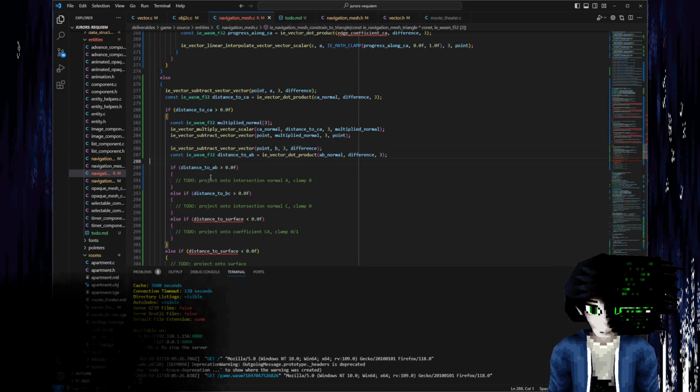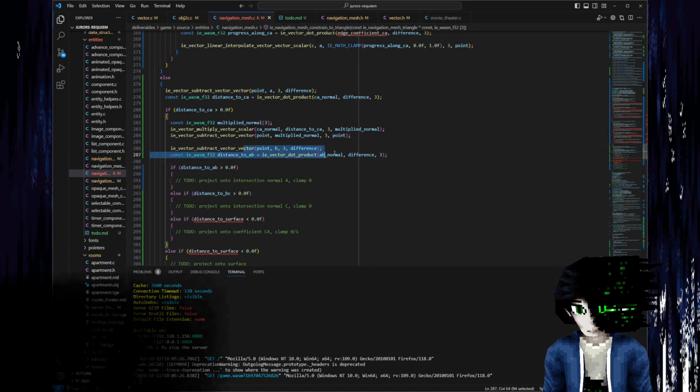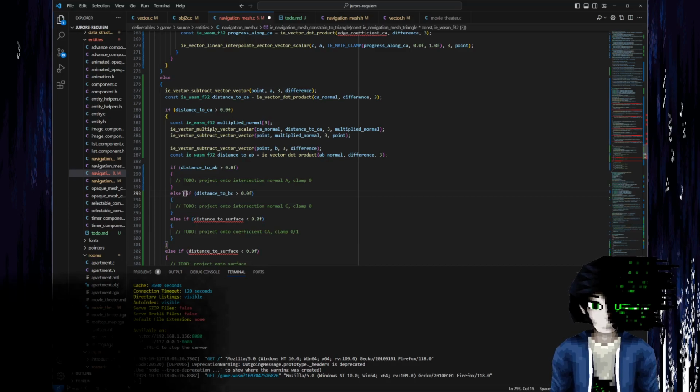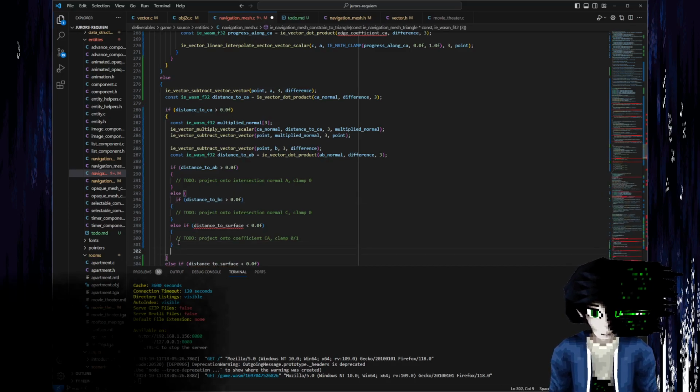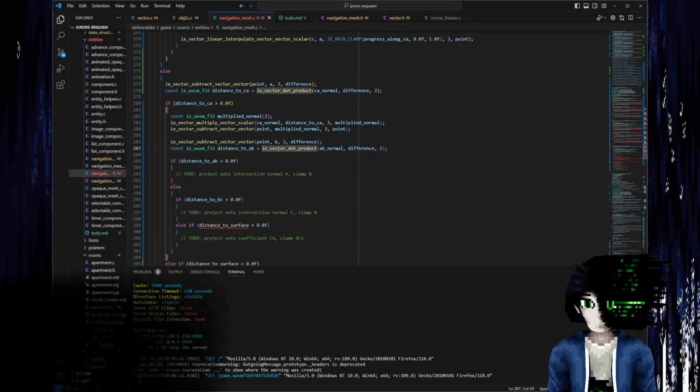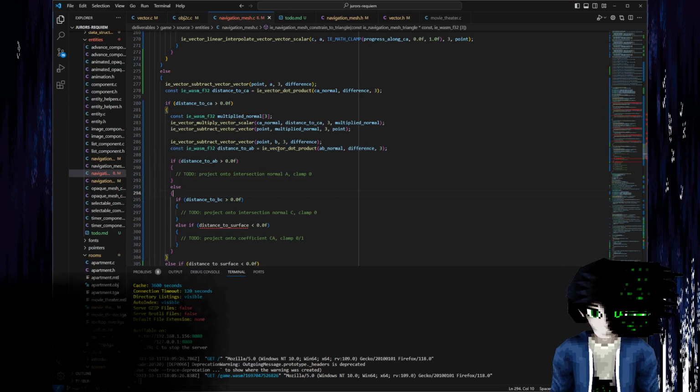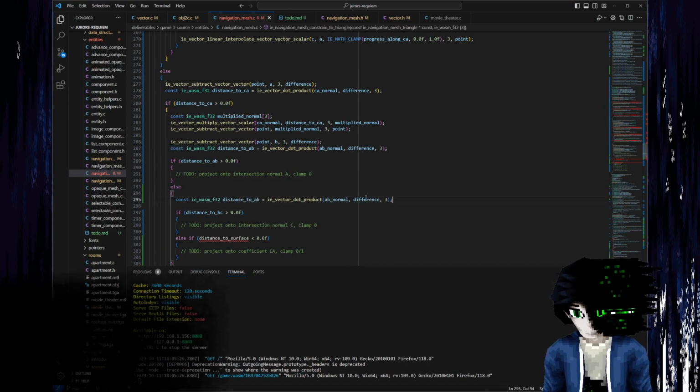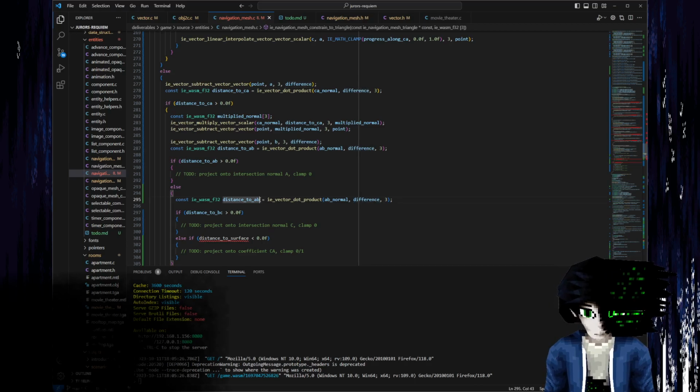Yeah, because these are both point B, so we can use this difference for both of them. And that's easy. Okay, that's good. I have to do a distance calculation here. I might rename this difference just so it's clearer where it's coming from.